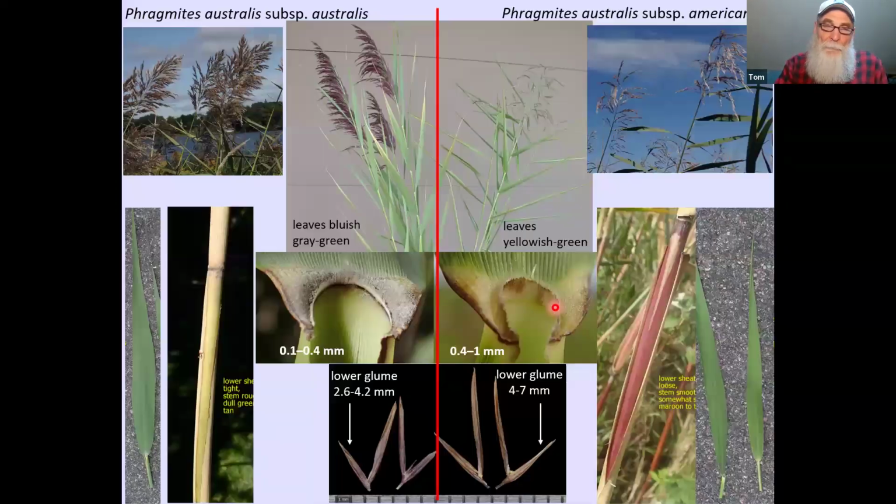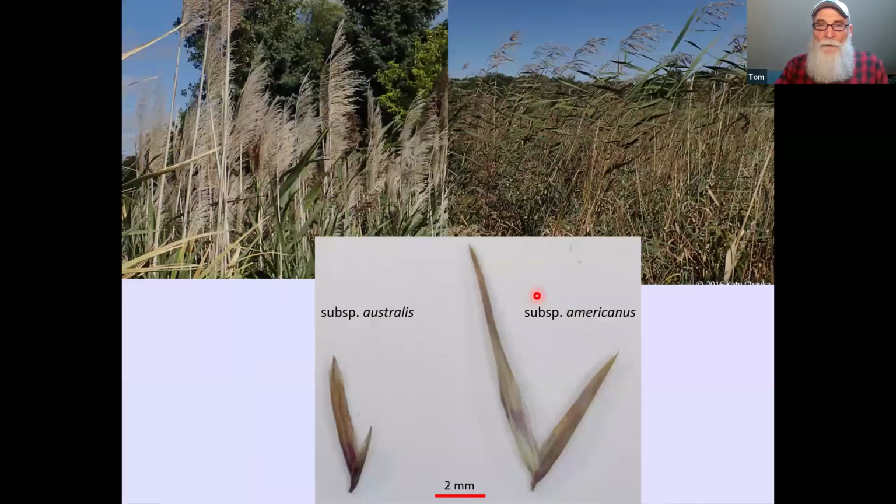There is usually some difference in the inflorescence, much more dense and vigorous in the European one versus the native one. Although I have seen the native one, secondary inflorescence looked a little bit more like this, but in these pictures we can see quite a bit of a difference. Also in this picture here as well.